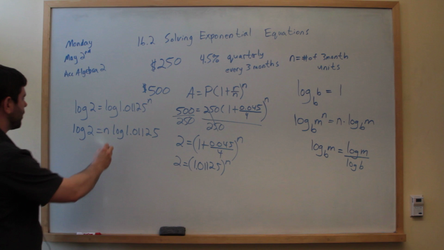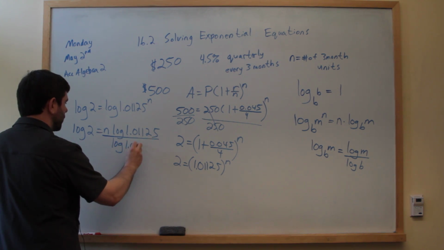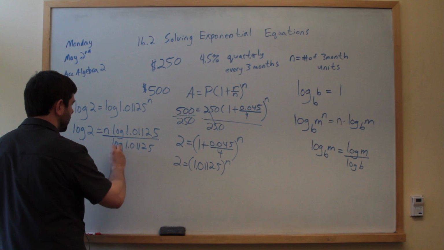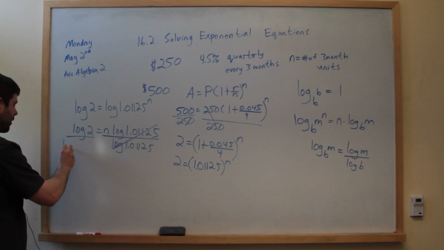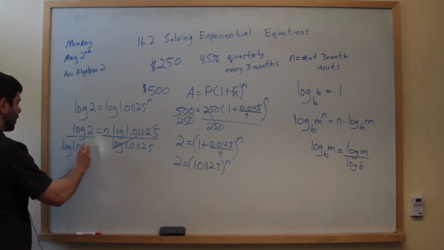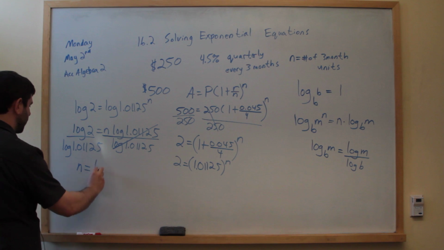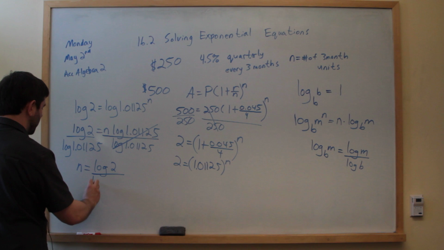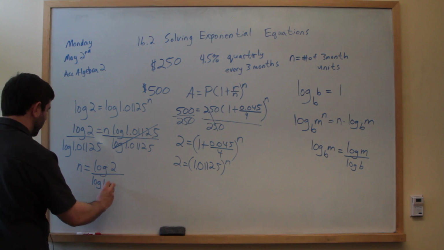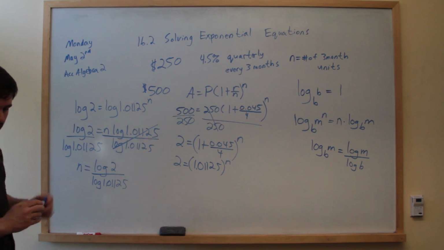And now we can divide this side by the log of 1.01125. That will cancel, and divide this side by the log of 1.01125. So n equals log of 2 divided by the log of 1.01125. We can evaluate this in our calculator.